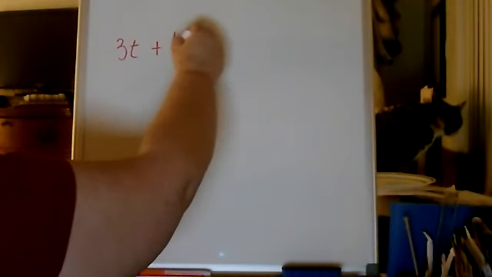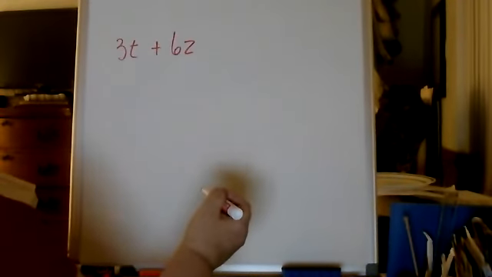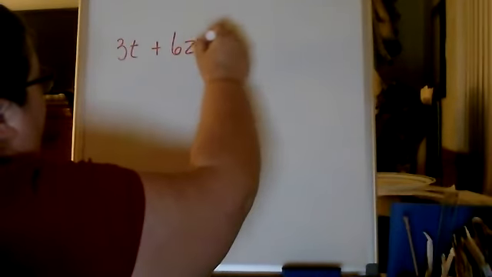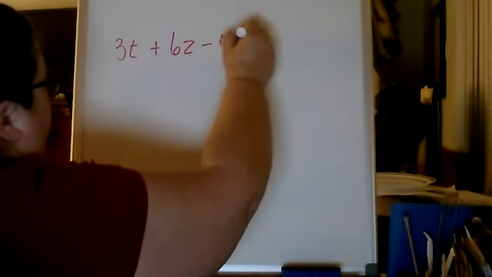So let us do a couple more here. Let's do 3t plus 6z. Now it says minus 4t, but of course we're not going to do that.